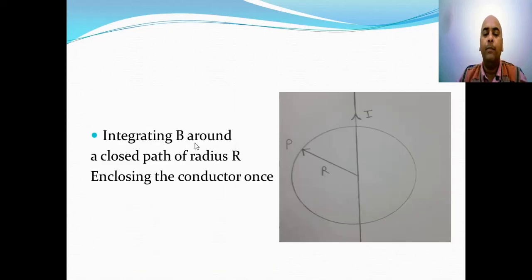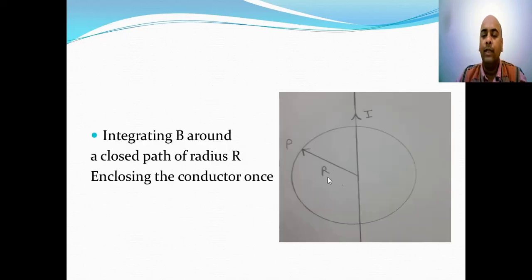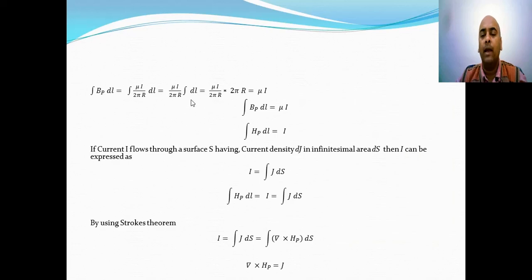So integrating B around a closed path of radius r enclosing the conductor once will give that the integral of B dot dl is mu I upon 2 pi r times the integral of dl, and for a circle with radius r, the total length becomes 2 pi r.